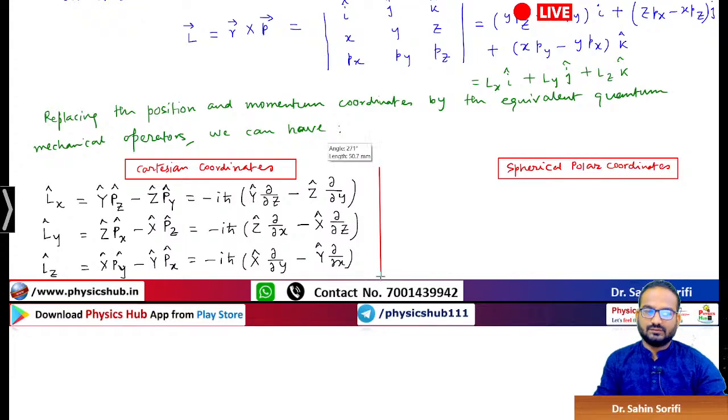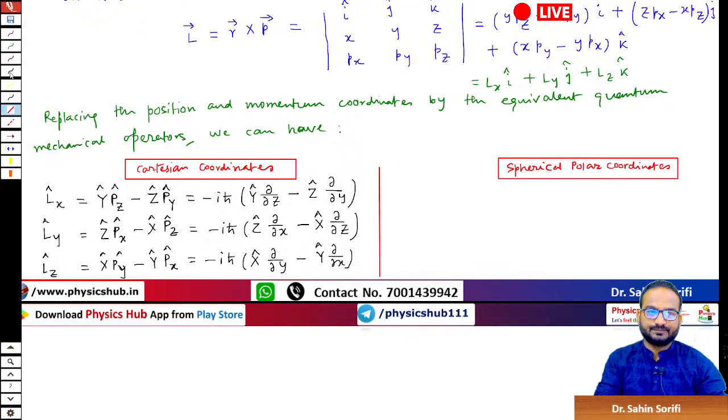They have corresponding expressions in the spherical polar coordinates as well.